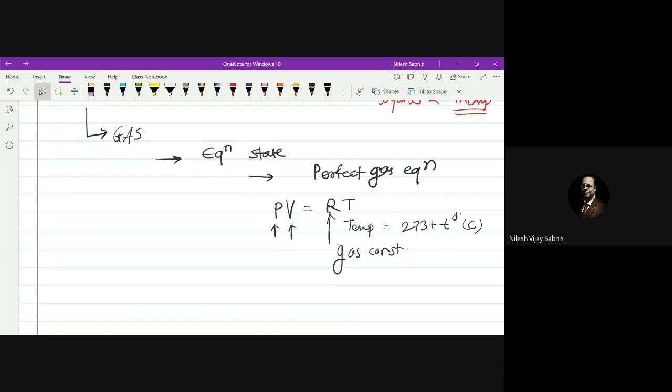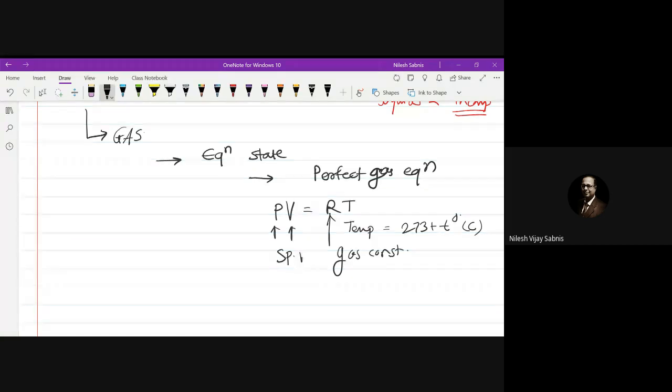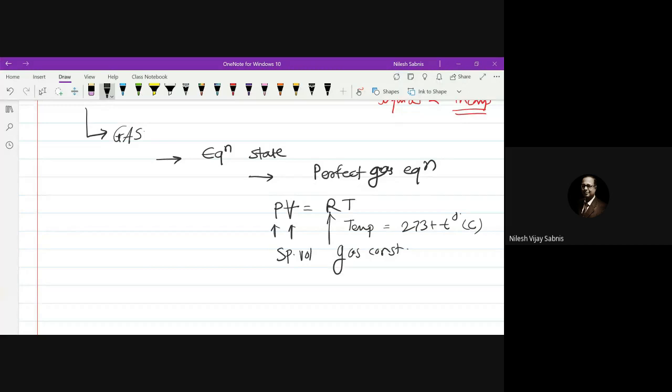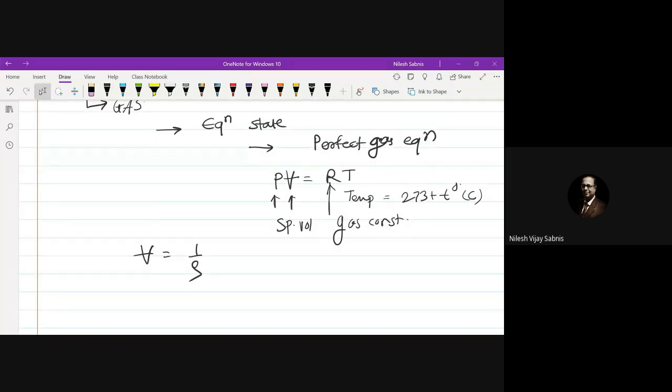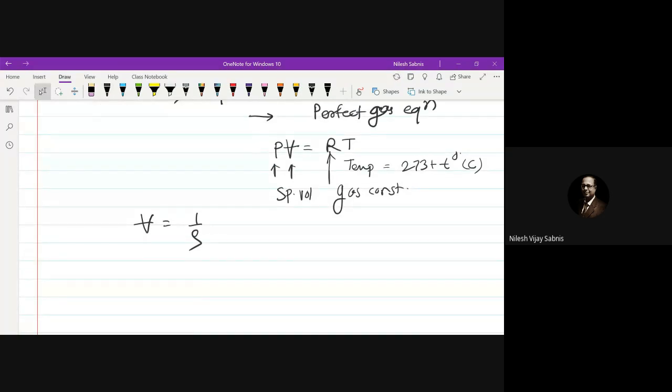Here v is the specific volume, and we generally denote it by upstairs u, like upstairs c. We have already defined specific volume as nothing but 1 by rho. So you will get the answer P by rho is equal to RT. That will be the simplification as per our requirement.